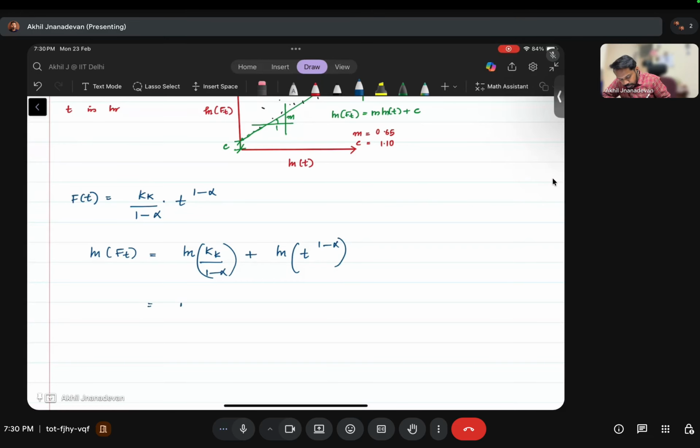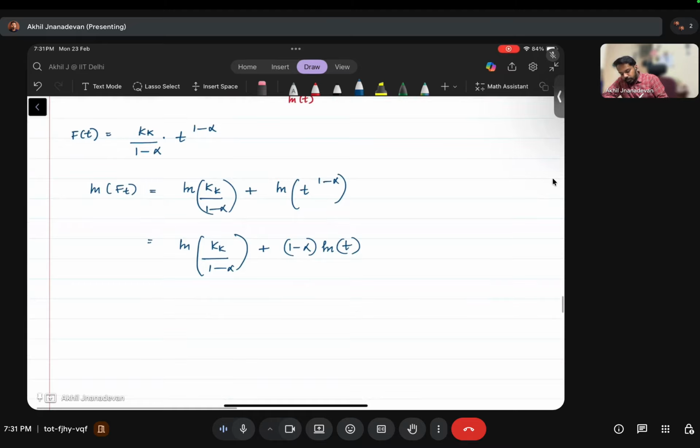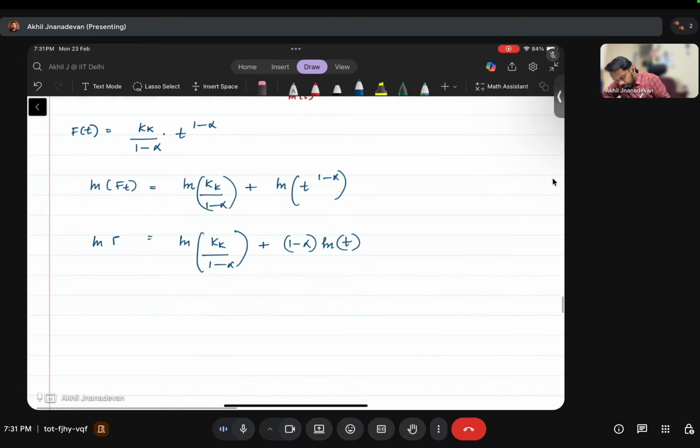This can be written as ln(K/(1 − α)) plus (1 − α) ln t. This is ln of F(t).